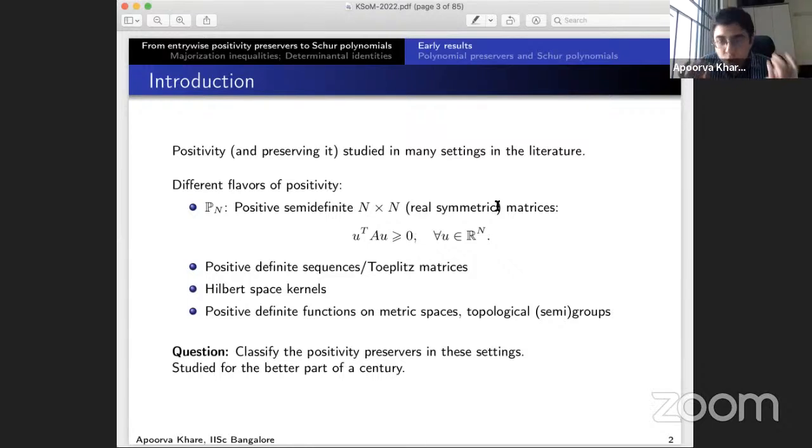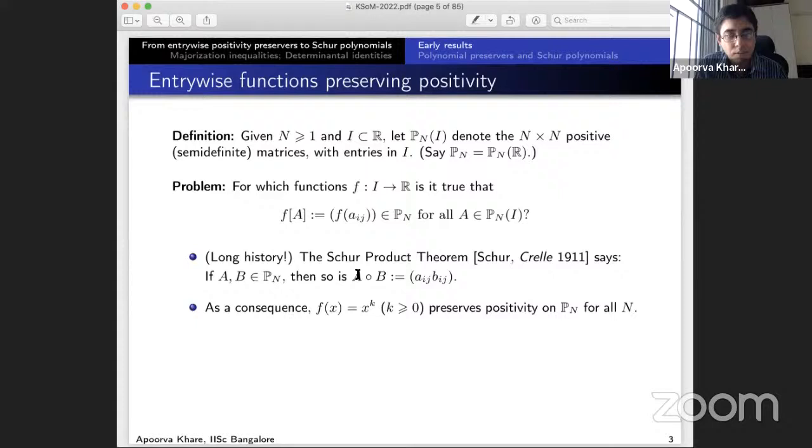But the Schur product of A and B, which is the entry-wise product, in this easy way to multiply matrices, satisfies the same property. It is also positive semi-definite. This was proved by Schur more than 100 years back. As a result, the class of functions preserving positivity is also closed under taking products. Because x lies in the class of functions, x, x squared, x cubed, and so on, all of them lie in the class of functions.